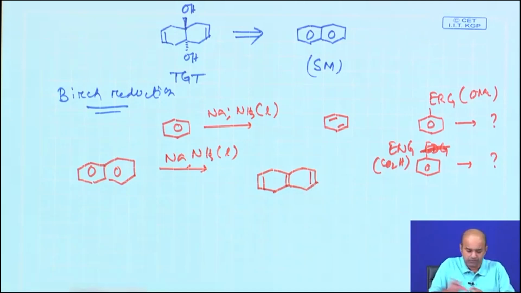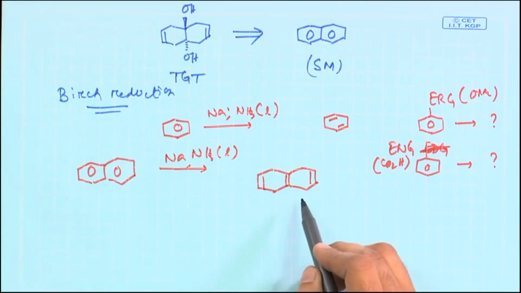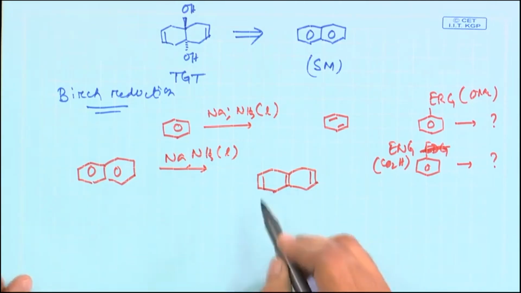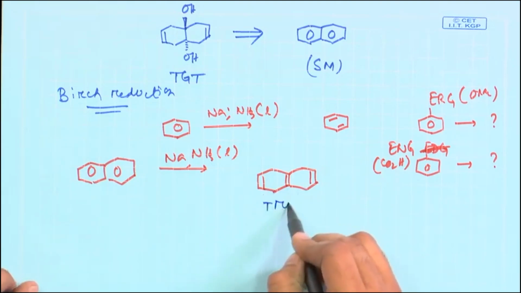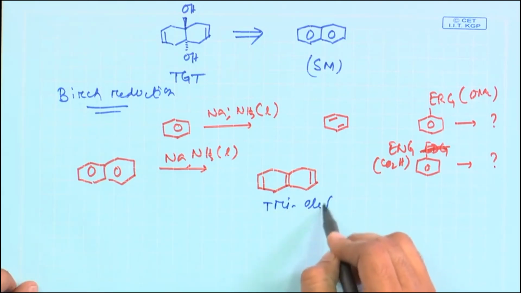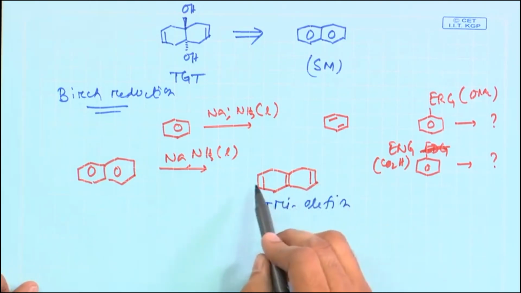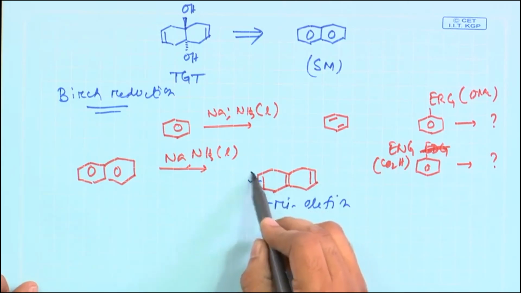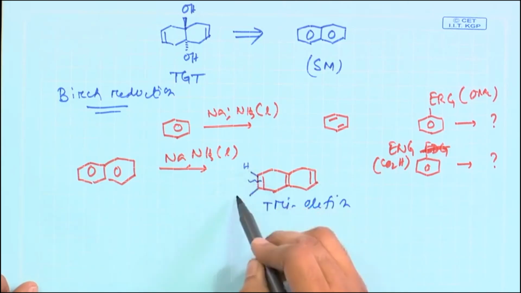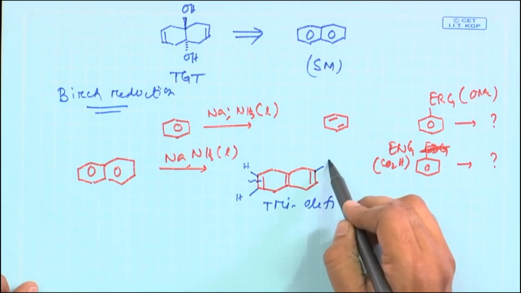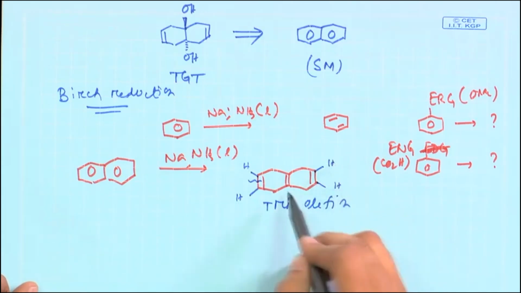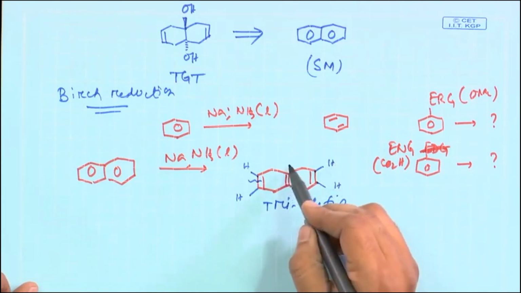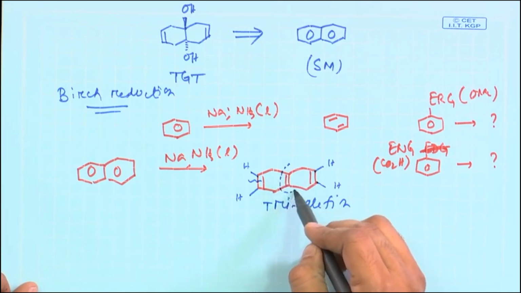The initial intermediate is a triolefin. The side olefin is disubstituted because you have 2 hydrogens here. The other side olefin is again disubstituted, but the middle olefin is tetrasubstituted.